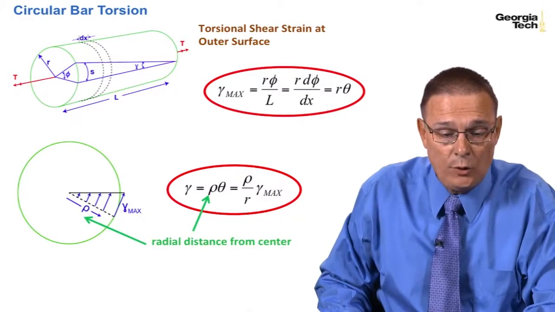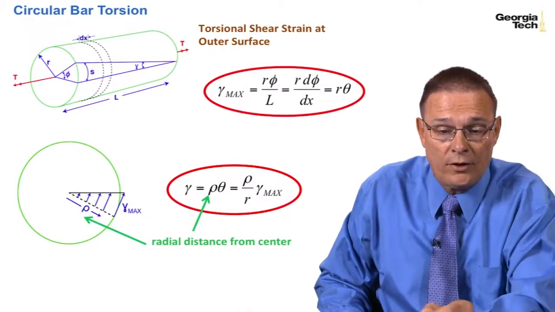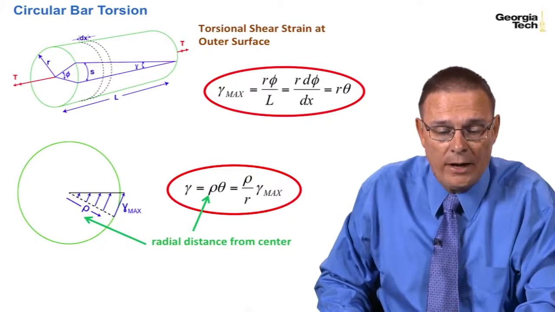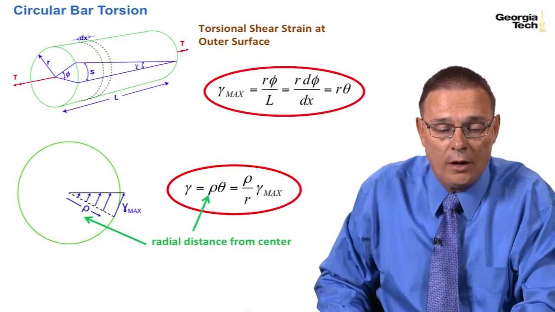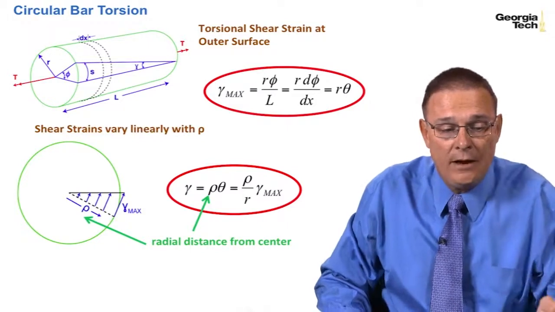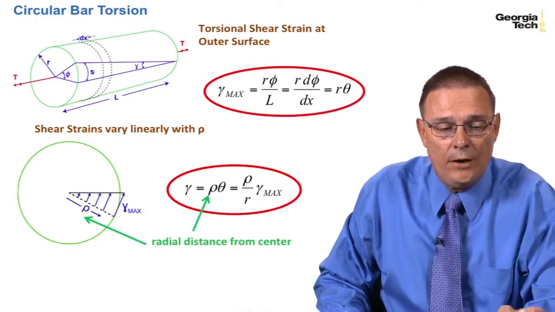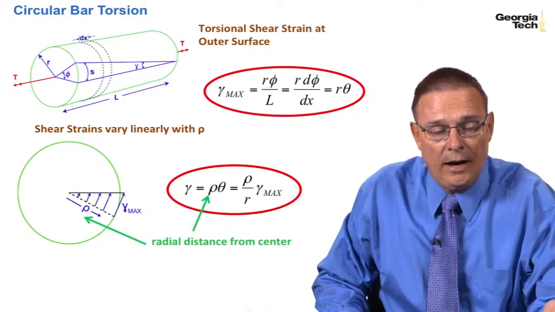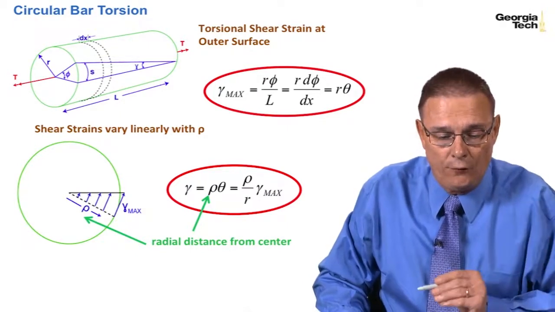And I can substitute in for the rate of twist. The rate of twist is equal to gamma max over r. And so I end up with rho over r times gamma max, which means that the shear strains now vary linearly with rho as we go from the inside at the center all the way to the outer surface.